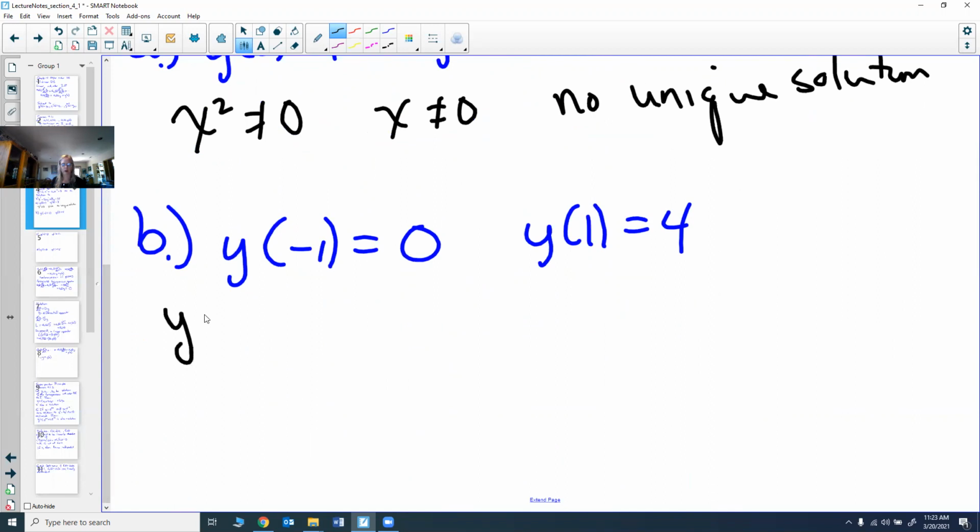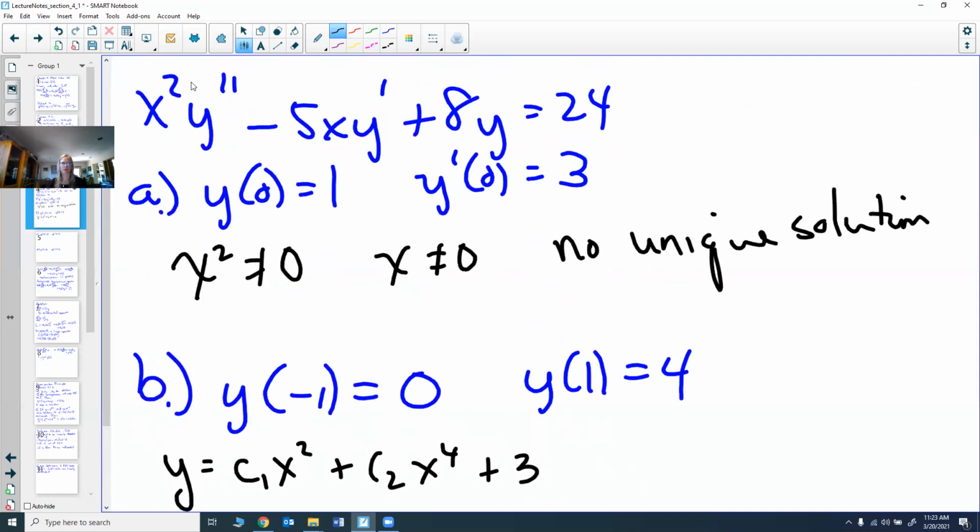So again, we have y is equal to c1 x squared plus c2 x to the fourth plus 3. And so that was my solution. I want to prove it really is a solution. So one thing I notice is to prove something is a solution, you plug it in and see if you get the same thing.